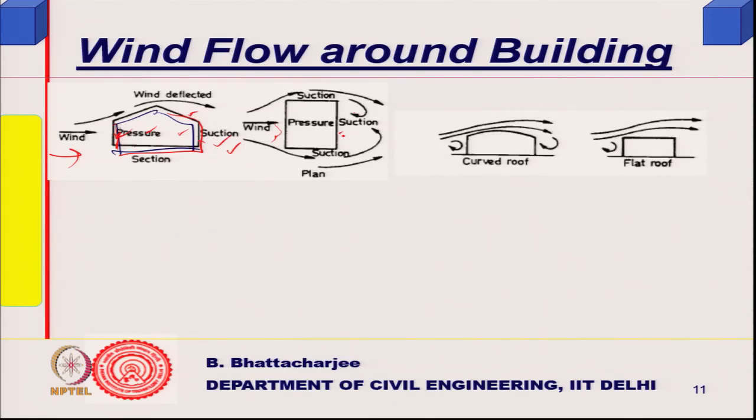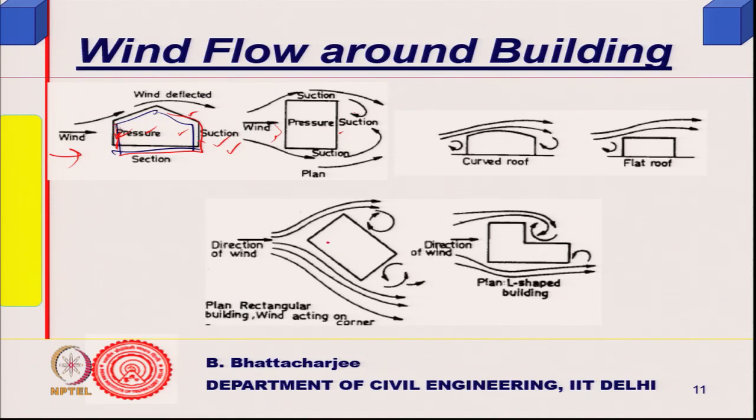You can see different types of curved roof, they look like this, flat roof, they look like this. If it is at a 45-degree angle, then you will possibly have excess pressure somewhere there, suction there, suction there. If it is something like this, there will be suction here and partial suction, plan L-shaped.